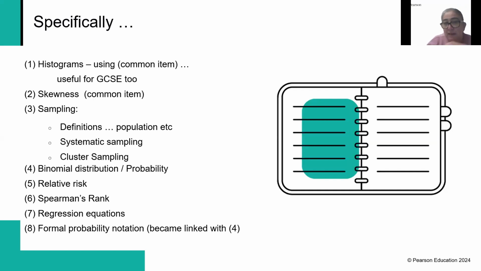So yeah, that's me. I'm not a total optimist about, yeah, we're going to move Spearman's rank up the scale, but I hope that we can make a difference when it comes to interpreting and extracting information from histograms, and the skewness is the one that I'll be looking at next summer.